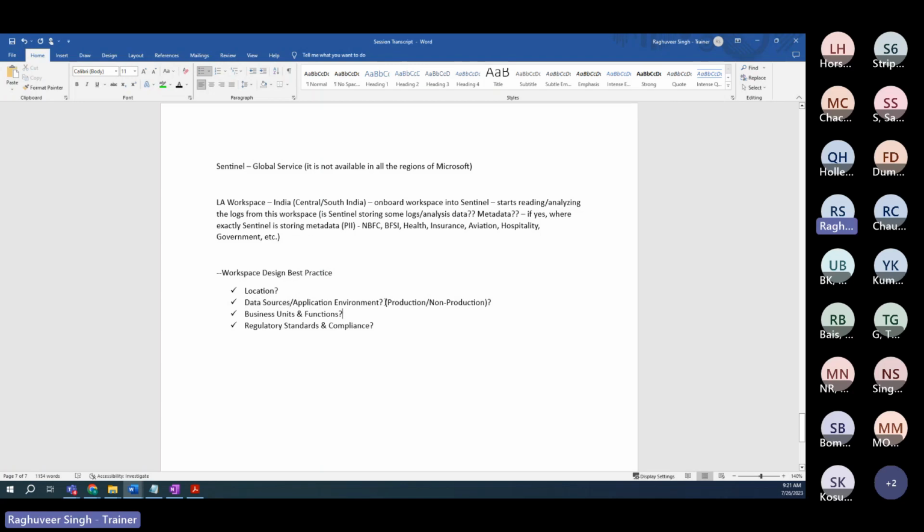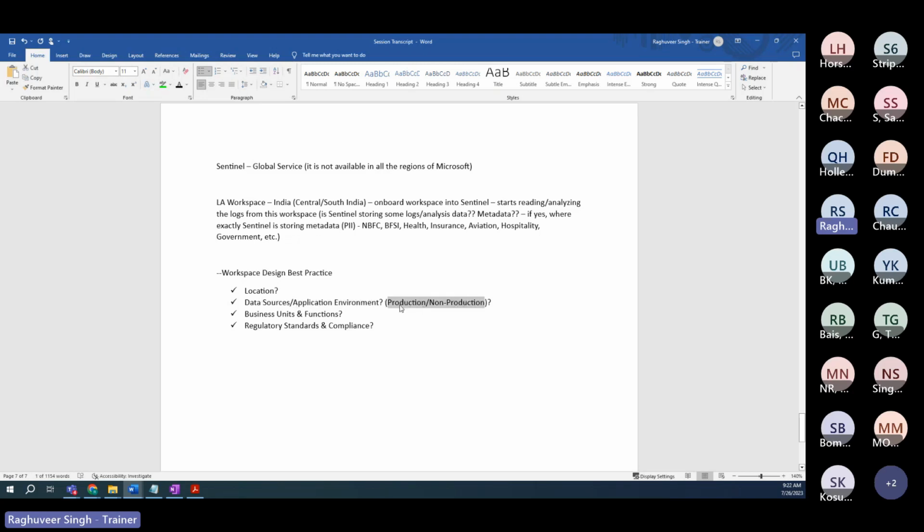And then comes the application environment. In any company, you will have at least two environments, production and non-production. You don't directly put anything into production. It goes through staging, testing, pre-prod, and then to prod. And most of the companies use a DevOps pipeline, so they have environments: production and non-production.